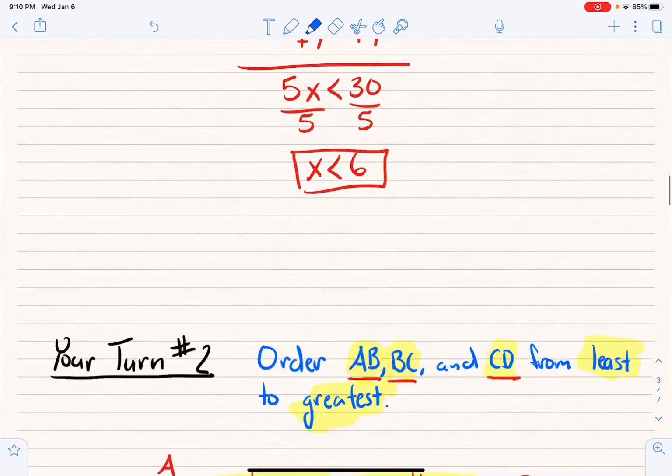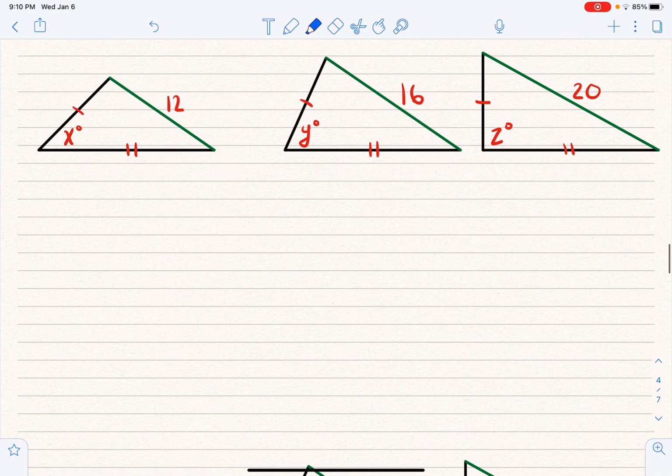Now what we're saying is, what if we didn't know the angle, but we could very clearly see the side is getting bigger? It went from 12 to 16 to 20. Well, the same thing would be true, because 12 is not as big as 16 and 16 is not as big as 20, that would give us an understanding of the relationship of those angles.